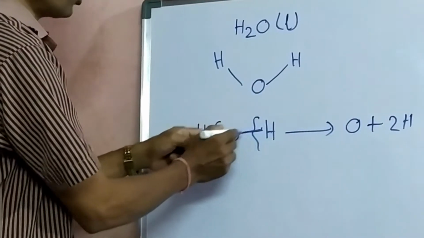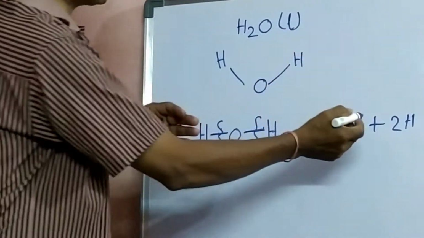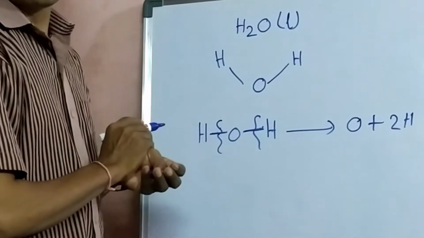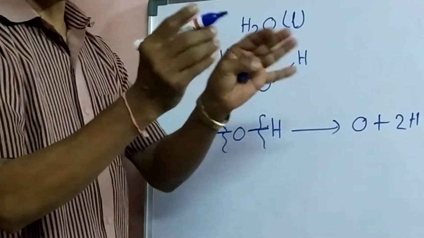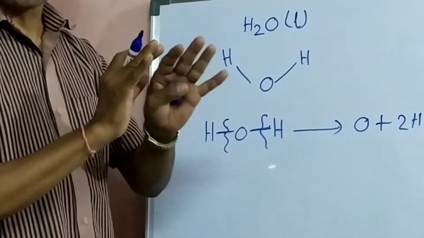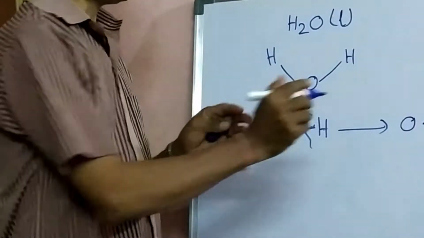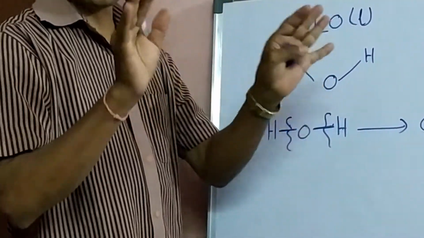When the bond is broken here, or the water is decomposed, we get 1 oxygen and 2 hydrogen. As you know, oxygen and hydrogen exist in nature as gases, in the molecular form. They do not exist in the atomic form.